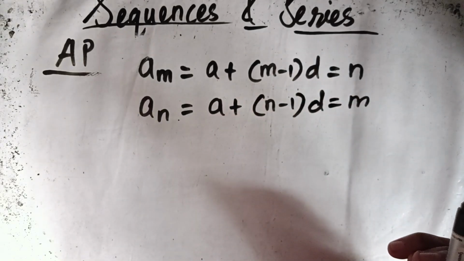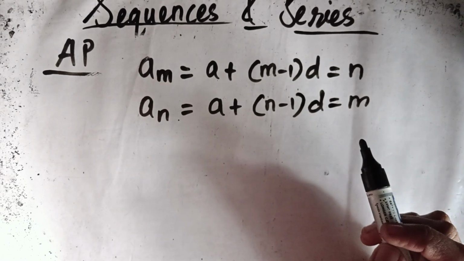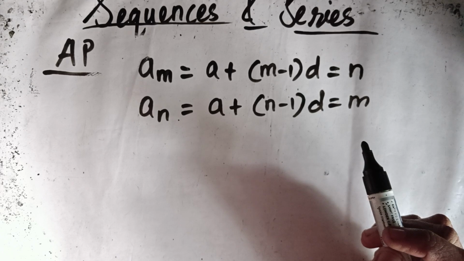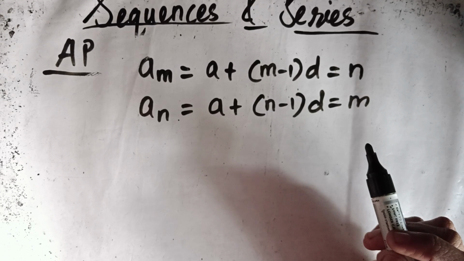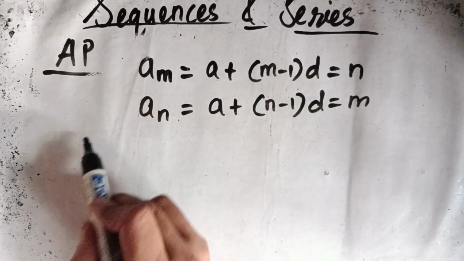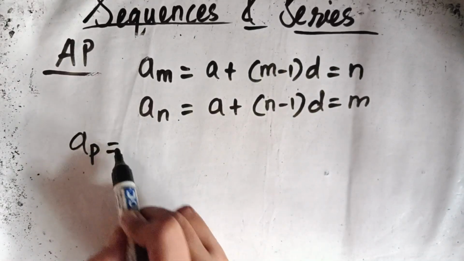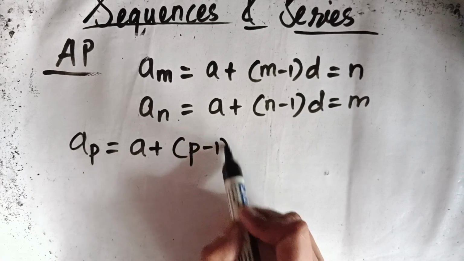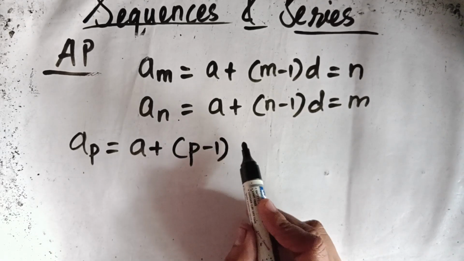Okay, we have to find the pth term. m is not equal to n. The pth term is given as ap equal to a plus (p minus 1) into d.